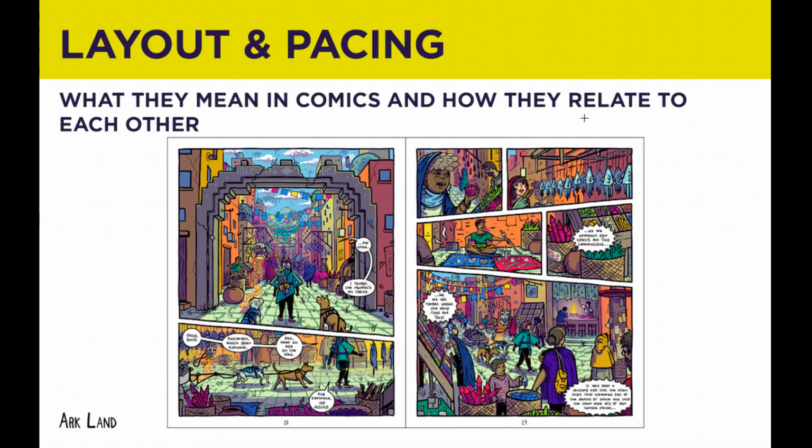And how our eye is moving through the page as we read, where we are looking at first and reading through the story, and as a creator trying to guide the reader through those panels in a natural way, and trying to avoid confusion when it comes to reading from panel to panel, from page to page.